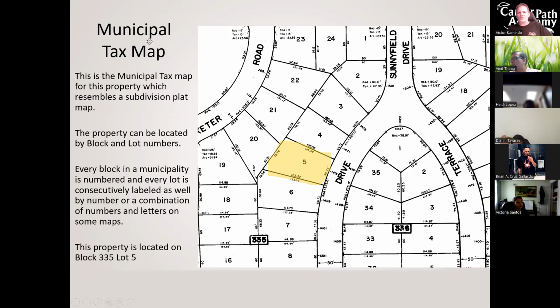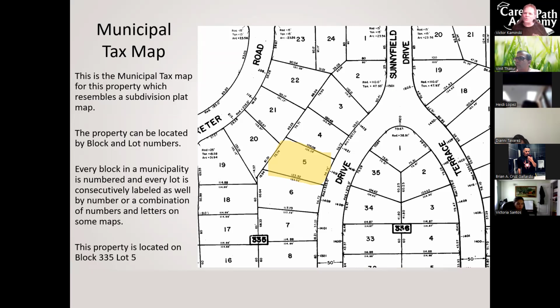So here is what a municipal tax map looks like. Anybody ever see a map like this? There are the tax records, which show your tax bills and information about your individual property. But every municipality has a tax map. Think of your entire city as a subdivision, like condominium complexes, which are little building subdivisions.